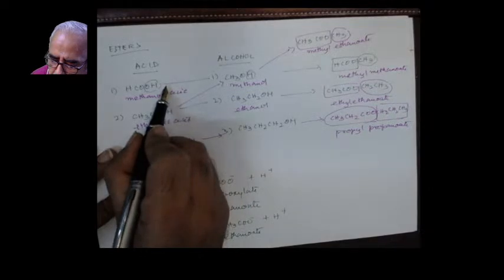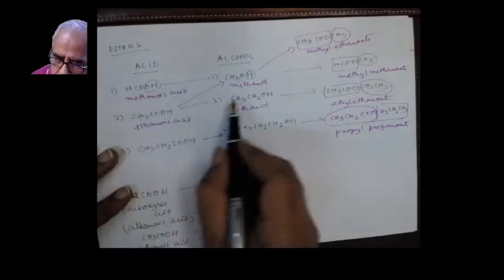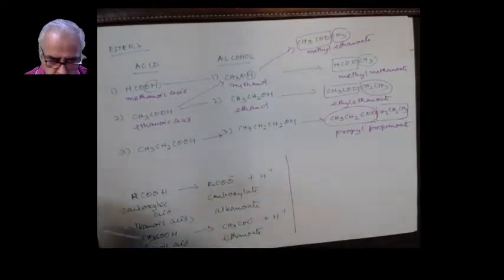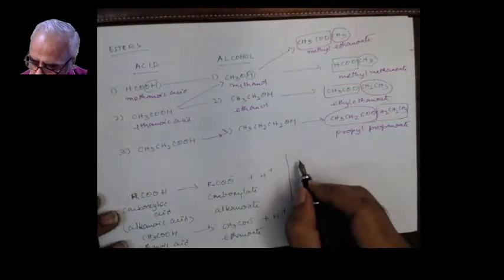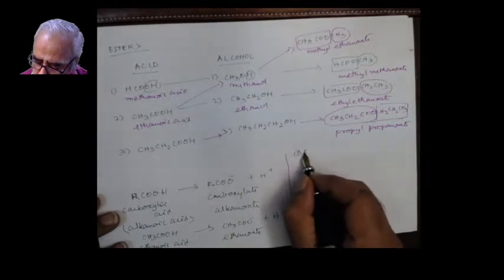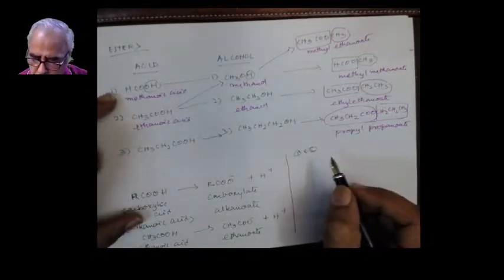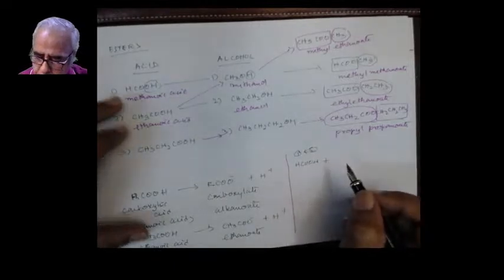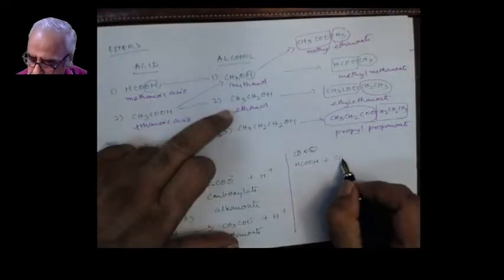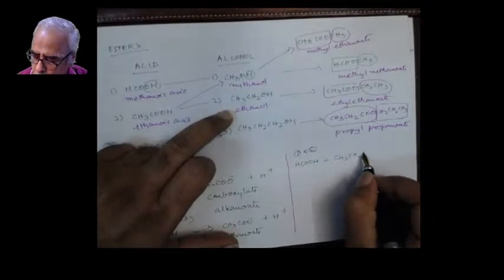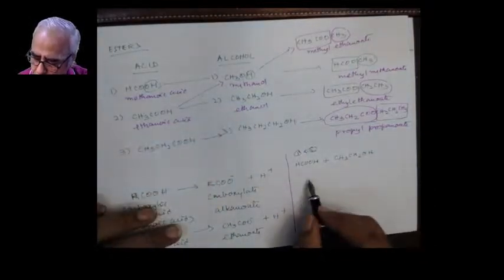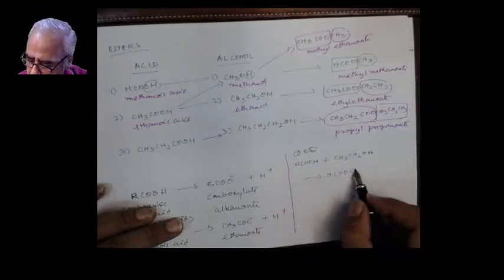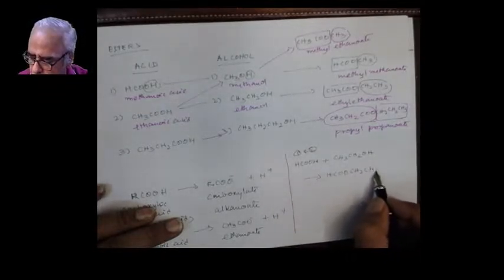Similarly, you can combine these two. Let us combine 1 and 2. What is 1? HCOOH plus what is this? Ethanol, CH3CH2OH. So we have to combine to give HCOO and then CH2CH3. What do you call this compound?